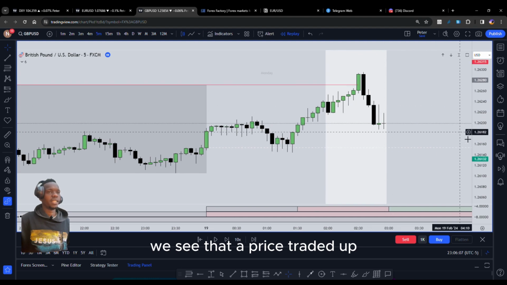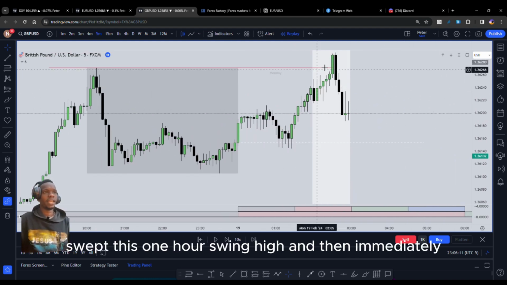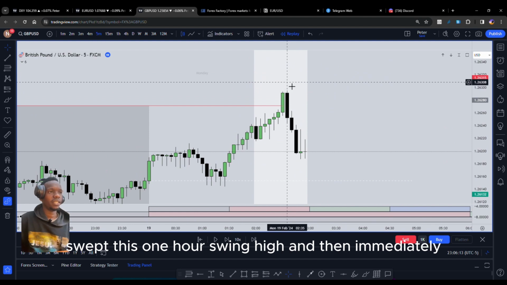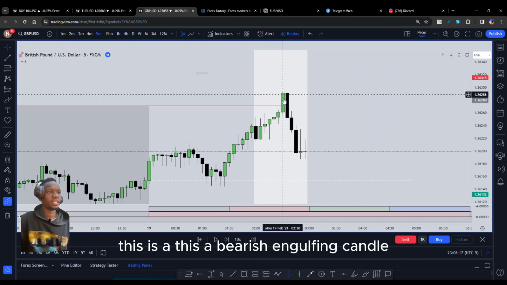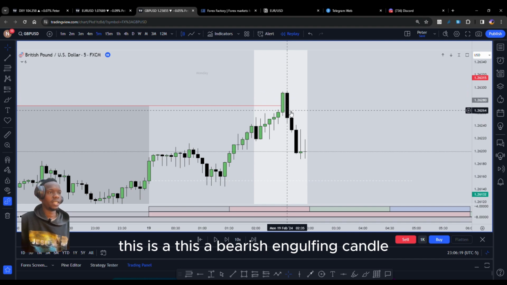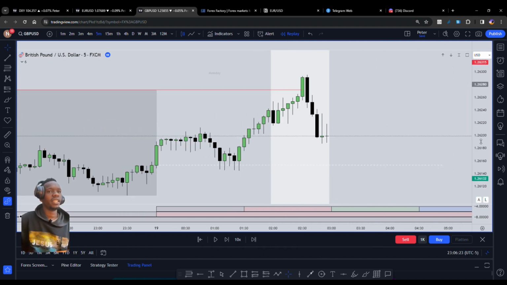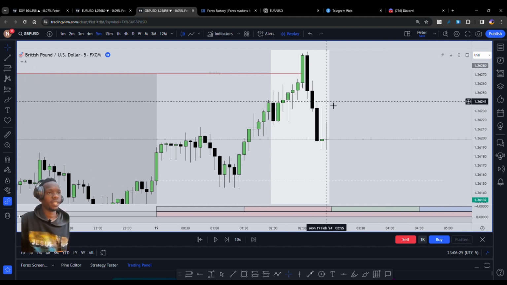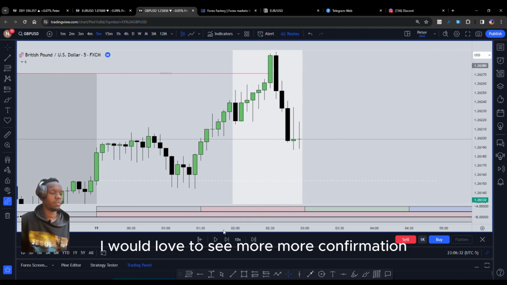We see that price traded up, swept this 1 hour swing high, and then immediately it rejected. This is a good sign. This is a bearish engulfing candle, and when I see that at a key level, not any place, at a key level, this is a good sign. Ideally, if someone is courageous, you can just enter here, but what I would love to see is more confirmation.